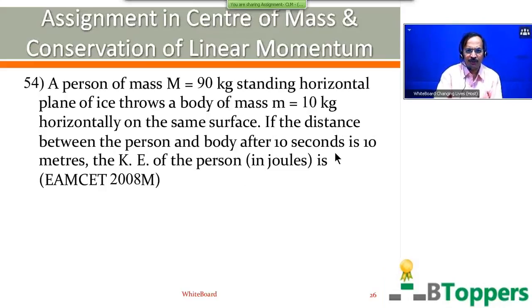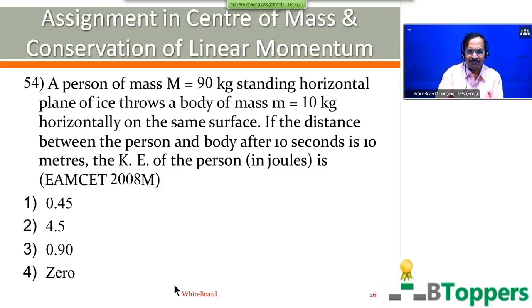The distance between the person and the body after 10 seconds is 10 meters. The kinetic energy of the person in joules is. You are shown 4 options on screen. Come on, try the question. This question was originally given in 2008 MHT CET, the medical entrance.